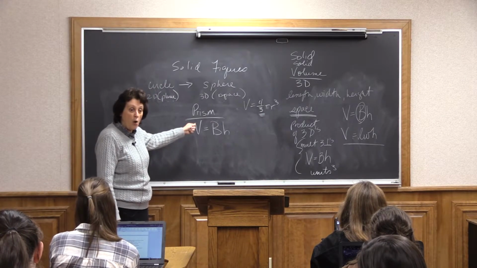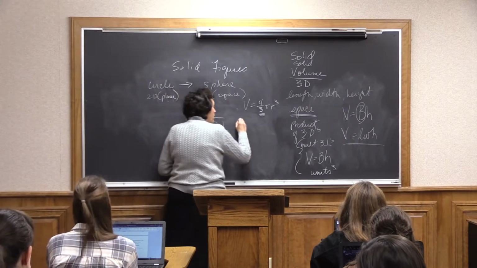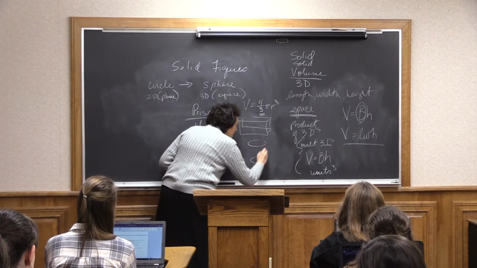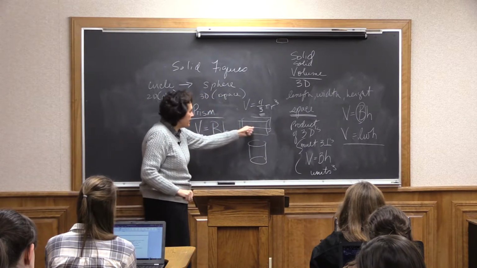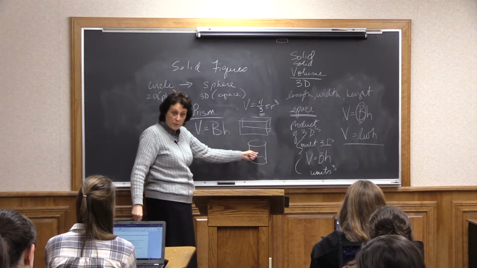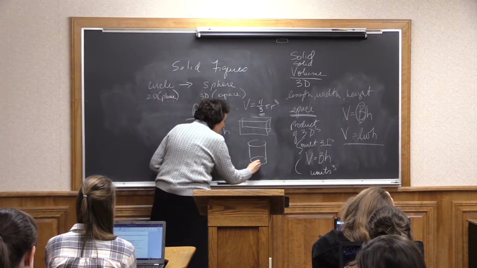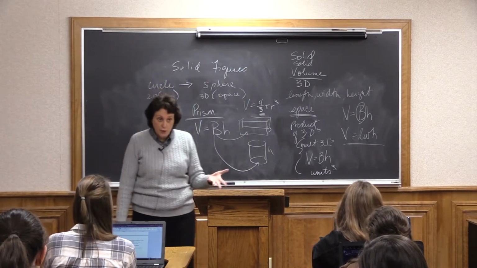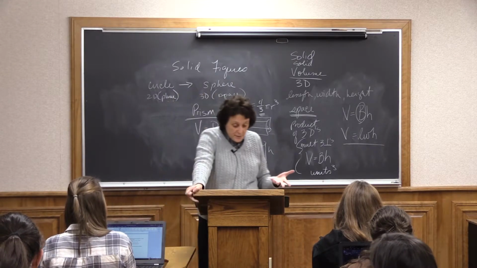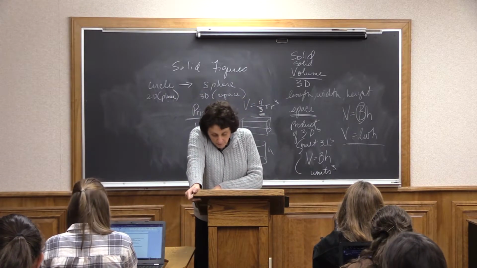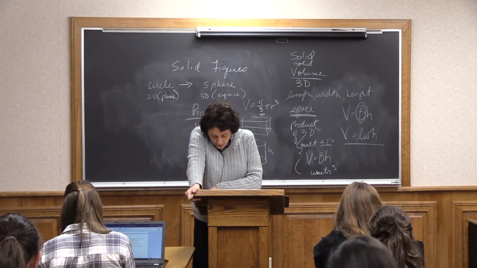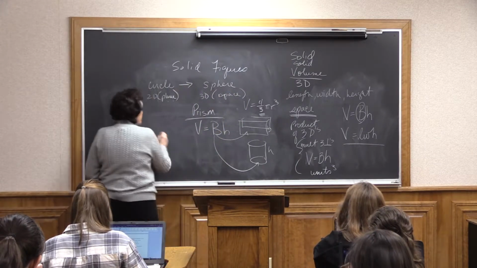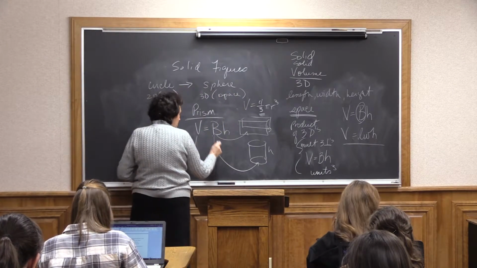But if we do a prism, all we have to do on all prisms, whether it's a rectangular solid, rectangular prism, cylinder, or circular prism, all we have to do is find the area of the base and then take it times that height, that third dimension. So if you look in our volume section, all you're going to be working with is the rectangular prism or the rectangular solid. And if you think about it, what is the area?